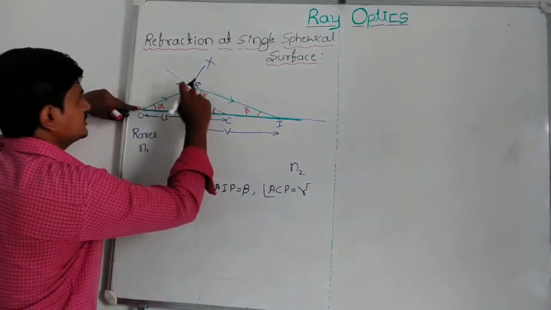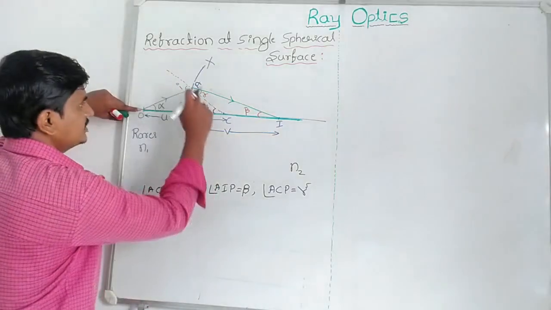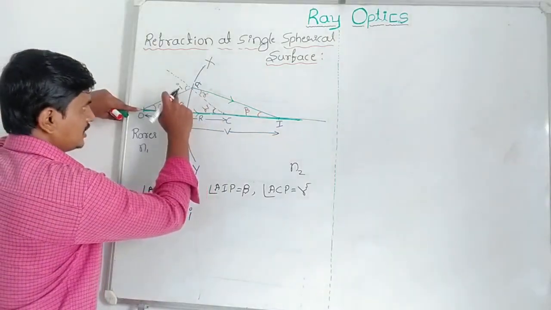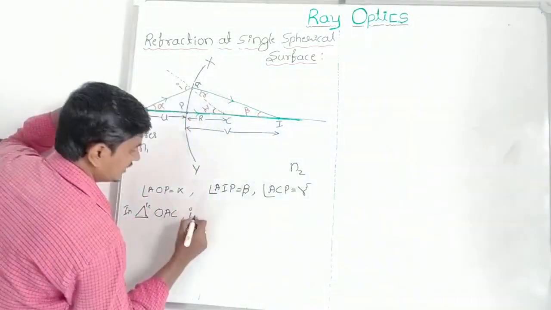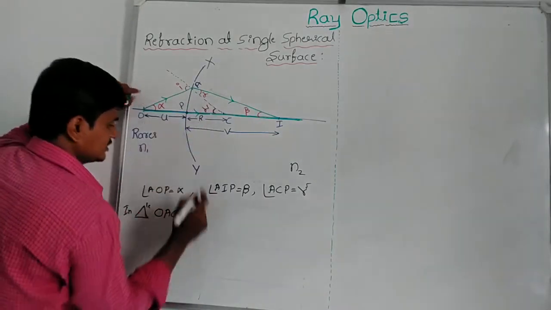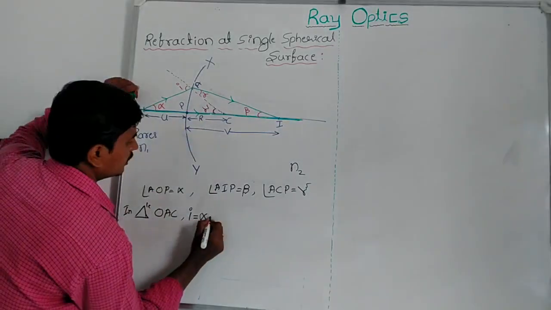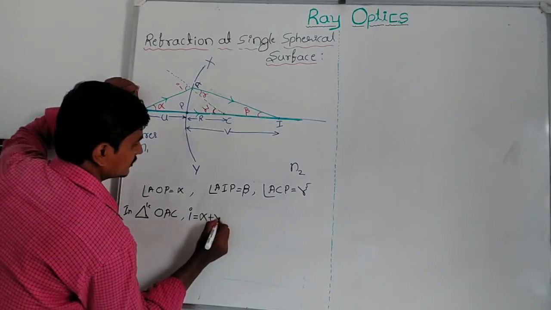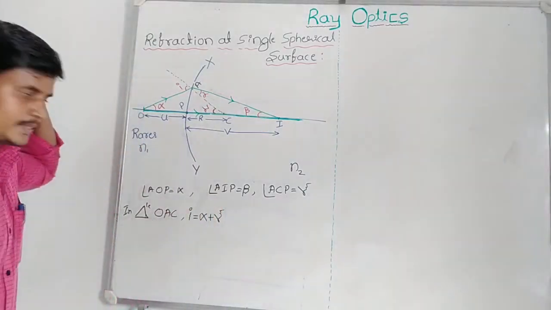Since the external angle is equal to the sum of opposite internal angles, i equals alpha plus gamma.